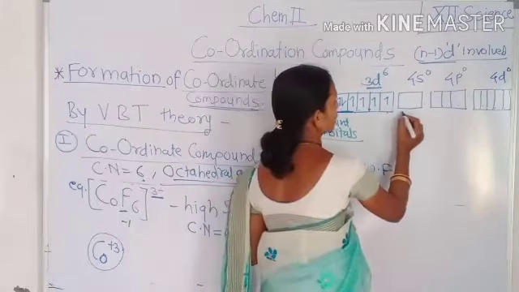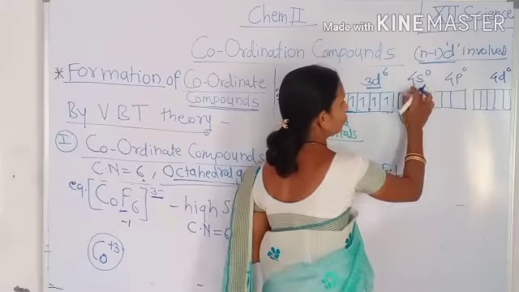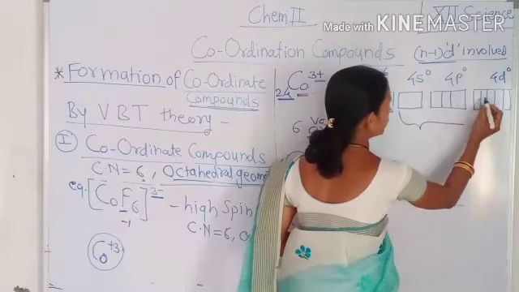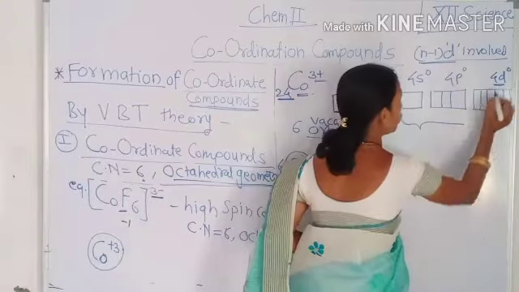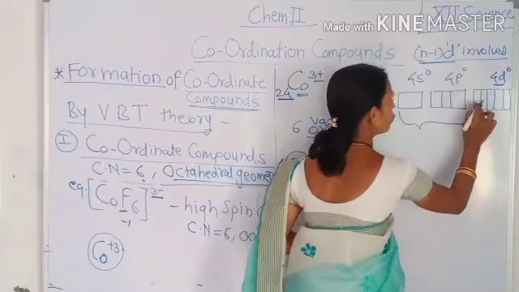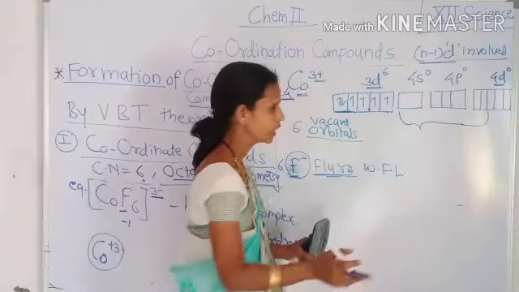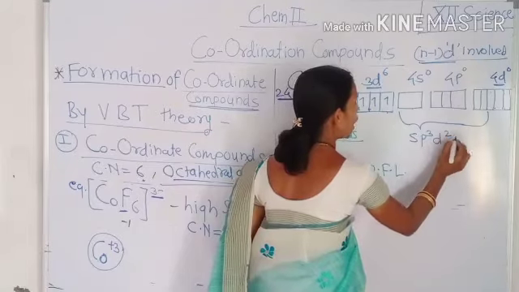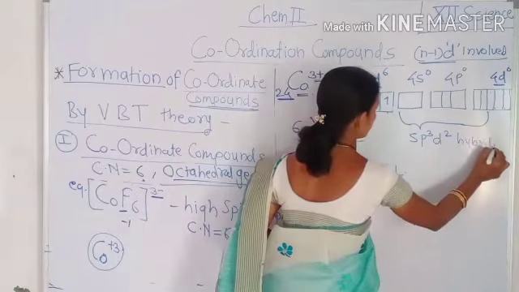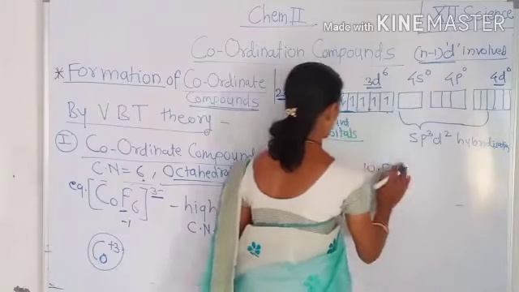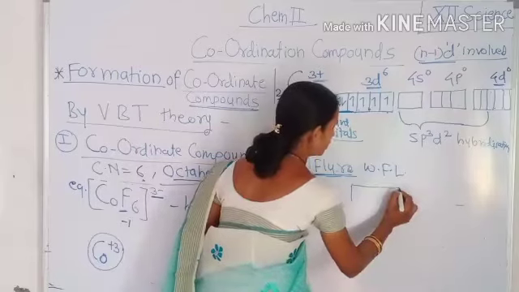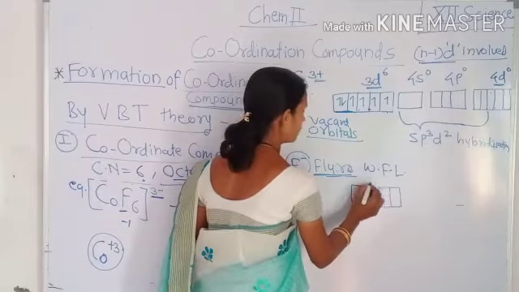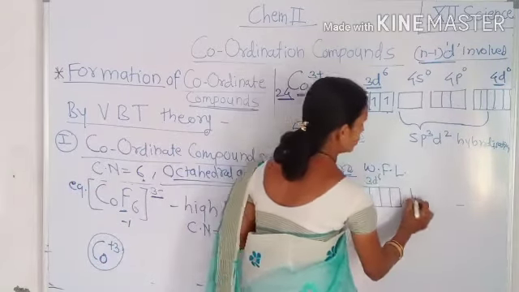Therefore, in hybridization, the 4s orbital, three 4p orbitals and two 4d orbitals, out of 5, are involved. Therefore, in Co3+ sp3d2 hybridization takes place, and 6 new hybrid orbitals are formed.